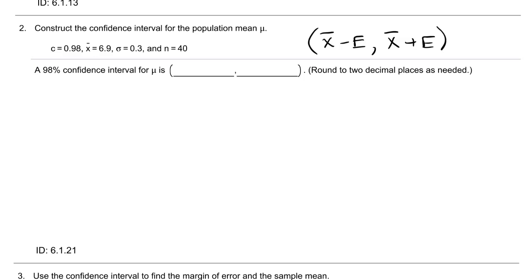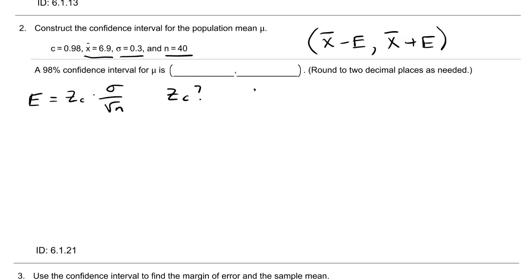So let's figure out the various things. We have what x bar is, 6.9. We have sigma, we have n. So we're going to need to find first the margin of error, which again is the critical z value times sigma over the square root of n.